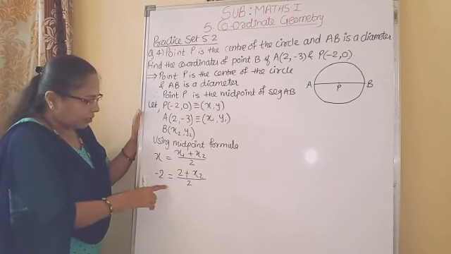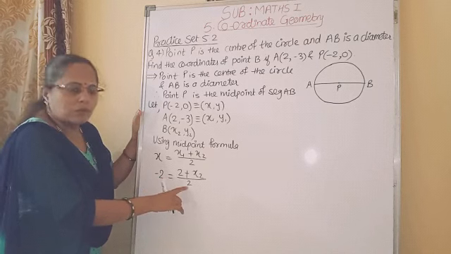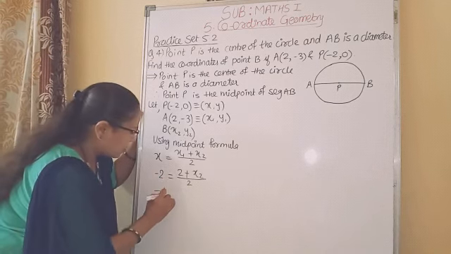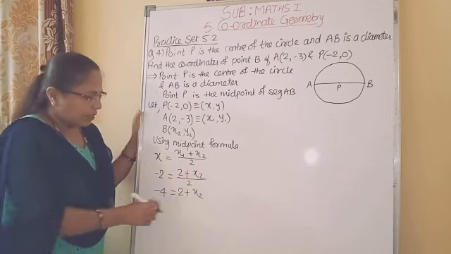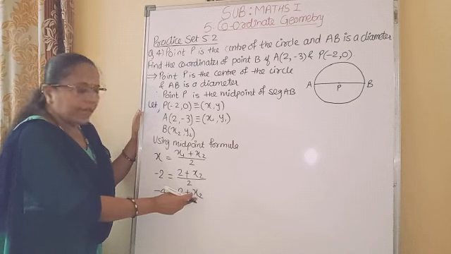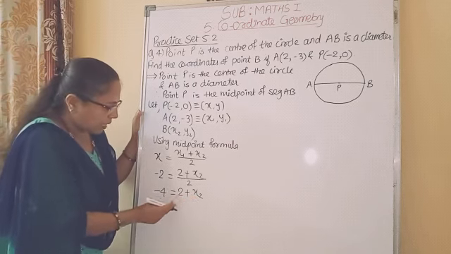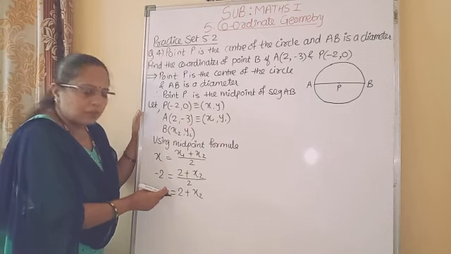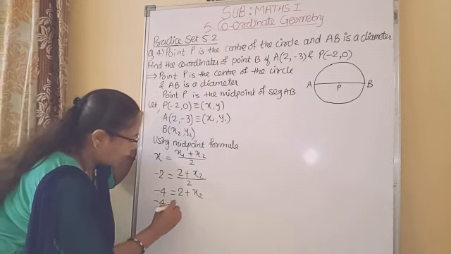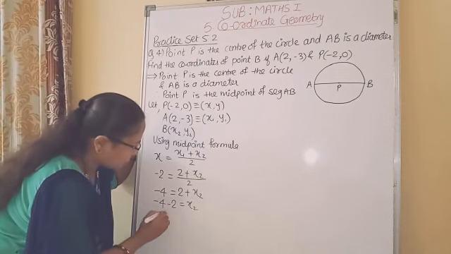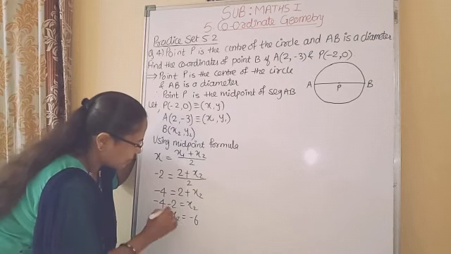Now this 2 we will take on this side. So it gets multiplied. Minus 2 multiplied by 2, minus 4, equal to 2 plus x2. Now this is a simple linear equation in variable x2. So to find this value x2 we will take 2 on the left hand side. So it becomes minus 2. So minus 4 minus 2 equal to x2. Therefore, x2 is equal to minus 6.